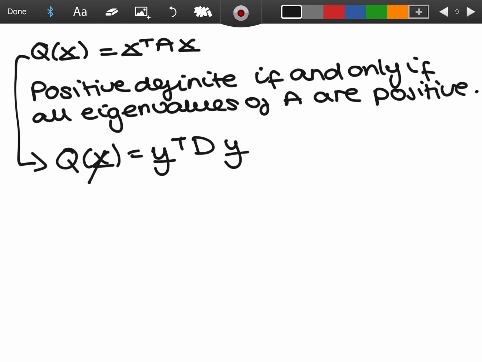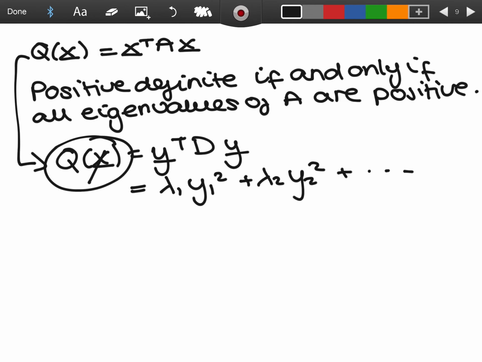If you were to expand this out, remember D has the eigenvalues of A on its diagonal. So if you were to expand this all out and multiply it out, you would get lambda 1 y1 squared plus lambda 2 y2 squared, etc. Okay? So each coefficient of the yi's is an eigenvalue.